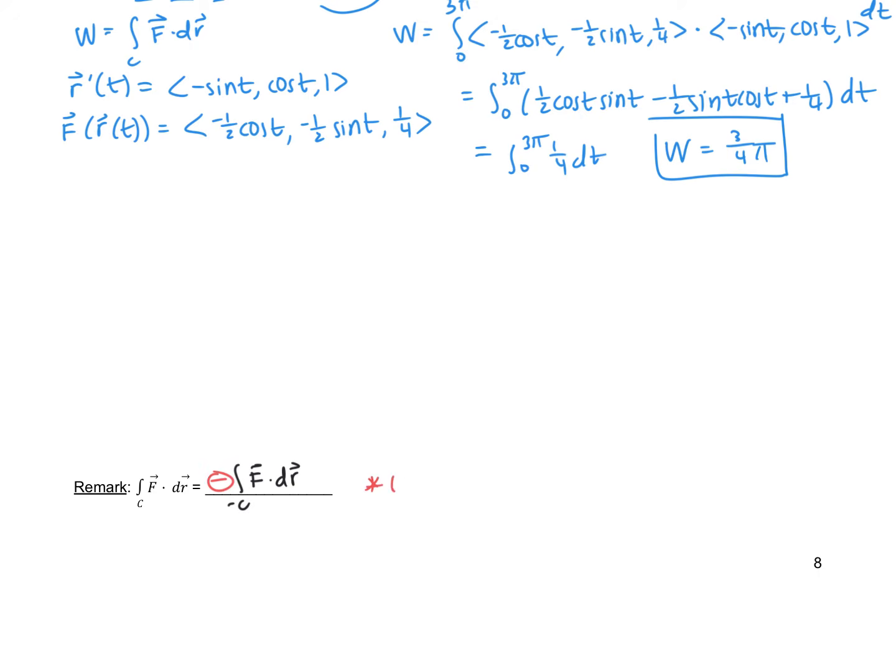So in words, what this tells us is if we reverse the path, the work will be the opposite value. And so sometimes that fact may come in handy. Sometimes it might be easier to take the path one direction versus another, and then you can reverse the direction. It's just going to give you the opposite sign. Okay, so let's flip the page and look at our second to last example.